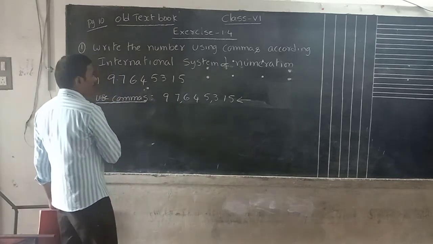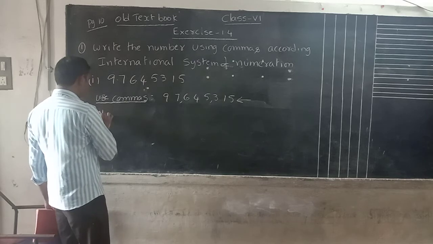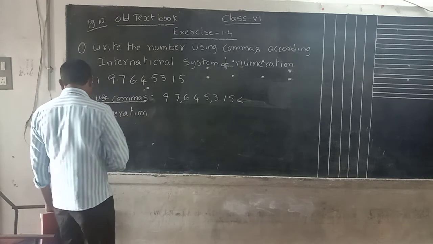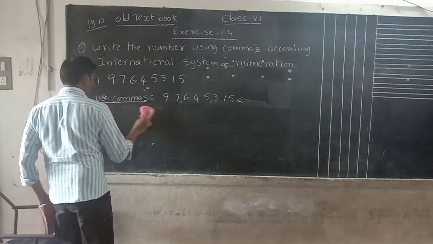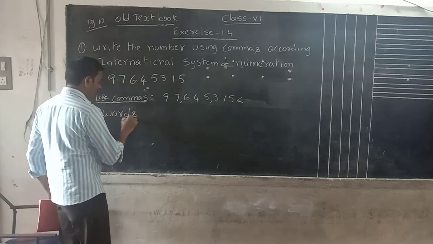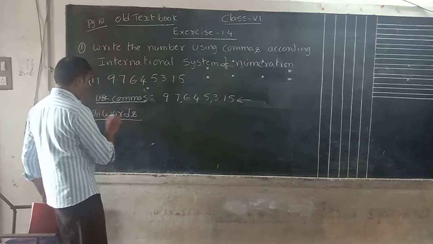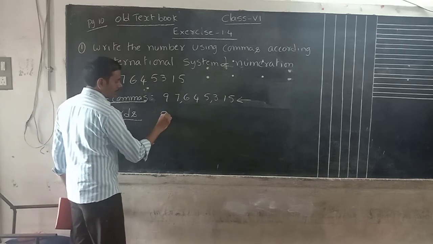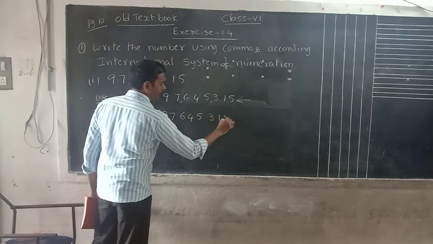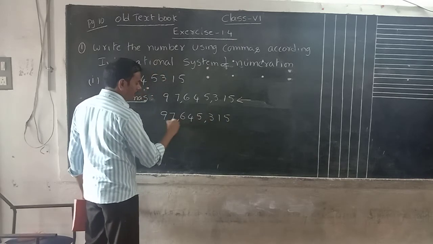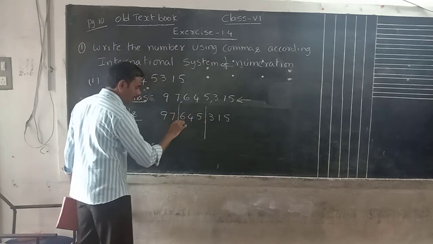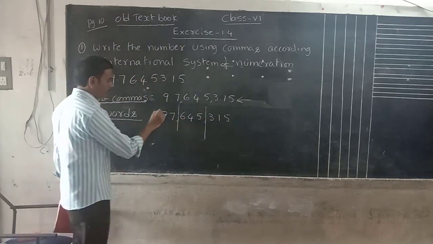Now numeration. Numeration is nothing but writing in words. Which number is given? 97,645,315. Where you got a comma, there you have to draw a line.